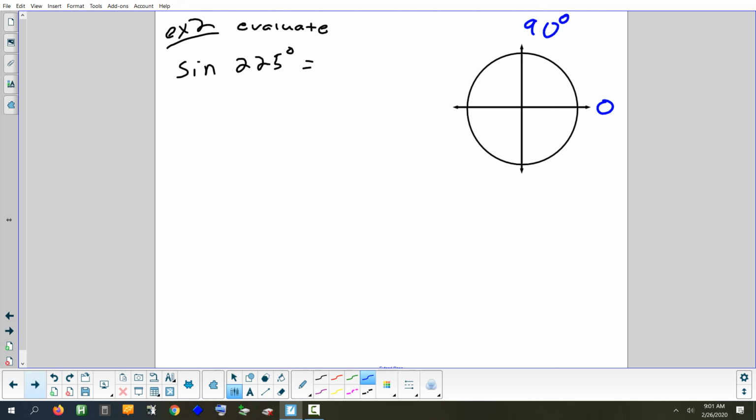Here's our circle. And we've got to figure out where 225 is. So where's 225 on that? Yep. It would be 45 degrees in between 180 and 270. Yeah, 225 is exactly halfway between 270 and 180.